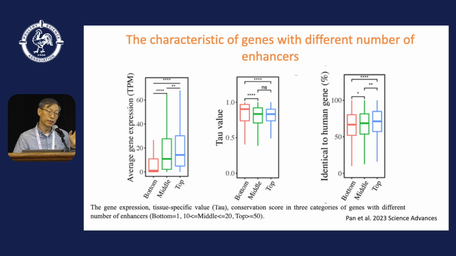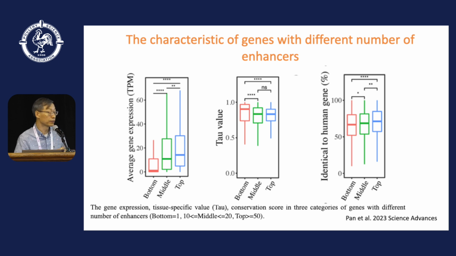And the top one is targeted by more than 50 enhancers. You can see those targeted by only 1 enhancer have a lower expression, but those targeted by many enhancers have significantly higher gene expression.